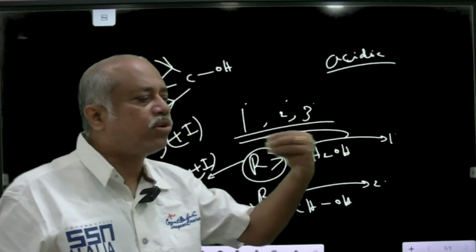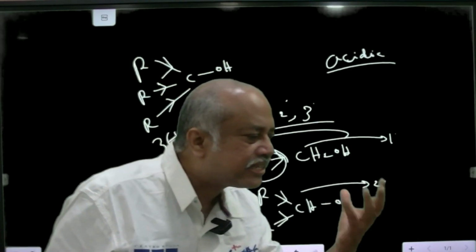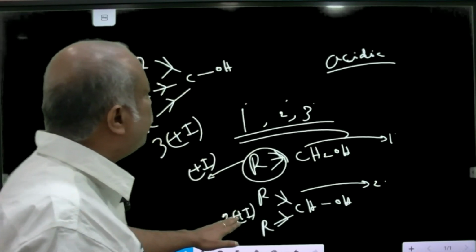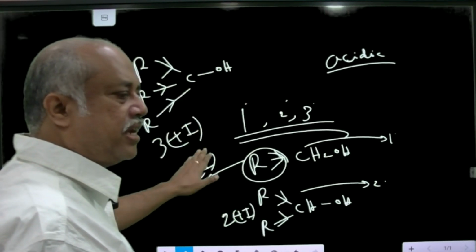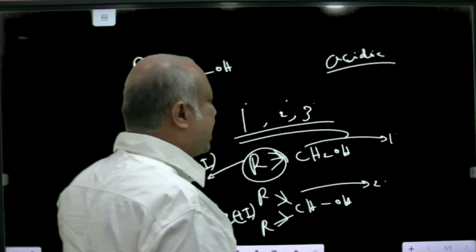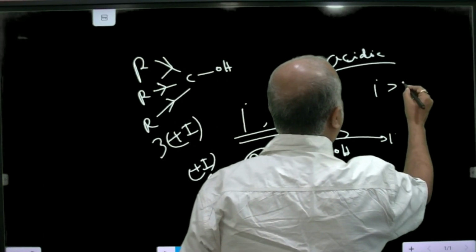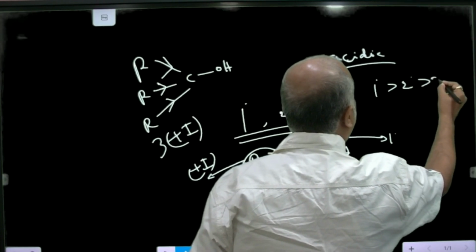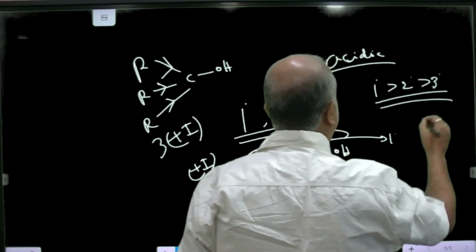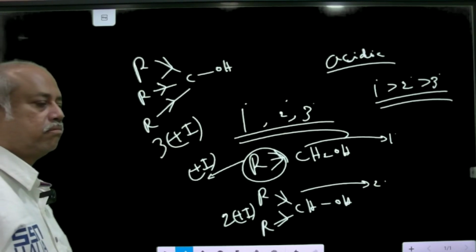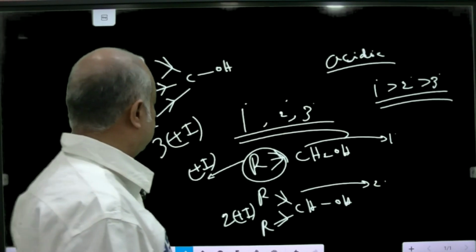Plus I effect always decreases the acid strength. So for the 3 classifications of alcohol, primary, secondary and tertiary, the acidic character or acid strength order is 1 degree greater than 2 degree greater than 3 degree. Clear?